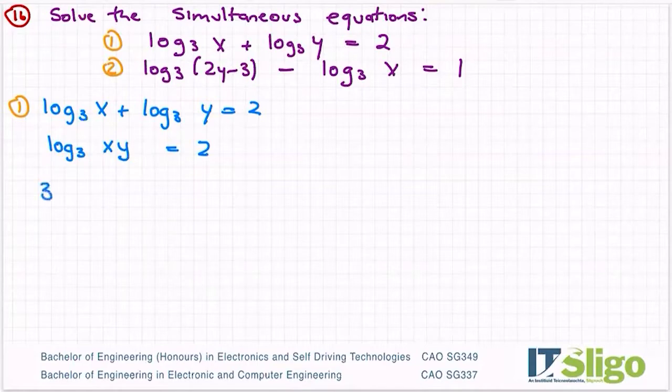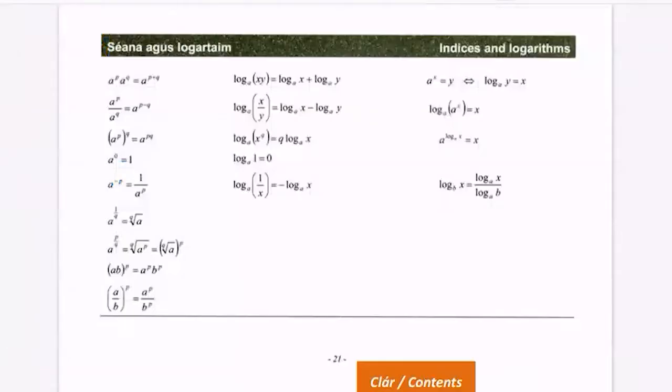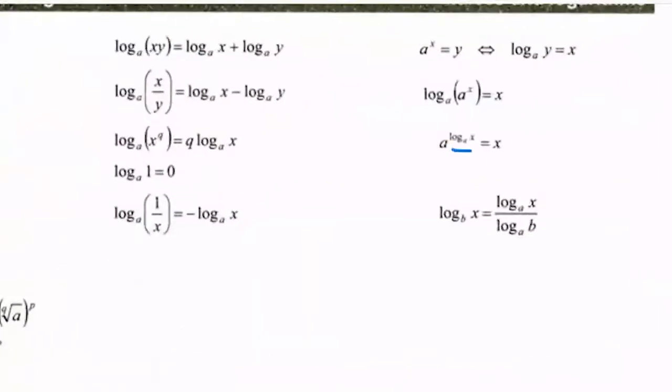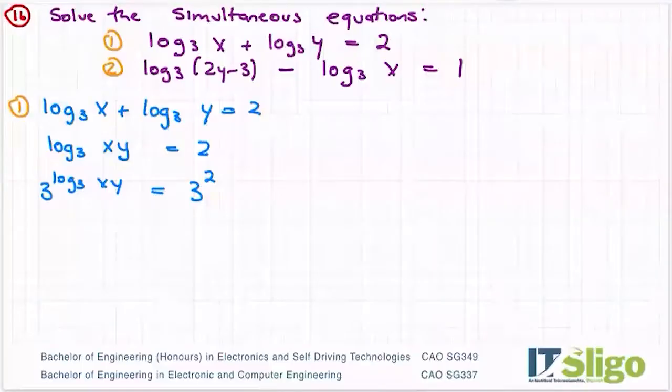Let's raise everything up. 3 to the log to the base 3 of xy is 3, not 3 by 2, but 3 to the power of 2. So what rule am I using? It's this one here, that when I have log to the base a of x, you match the base number and you raise it up, and log a and a cancel, and you're left with just what you were getting the log of.